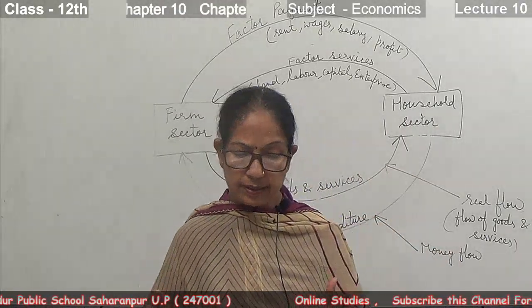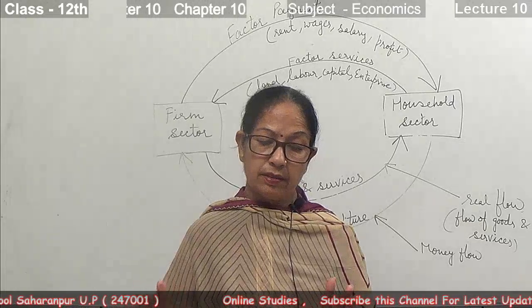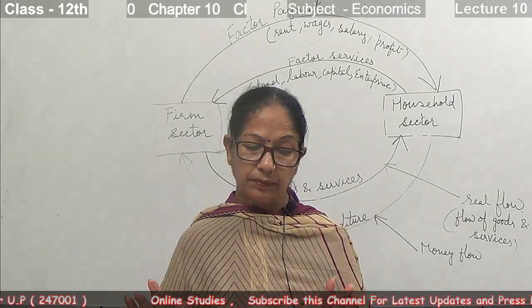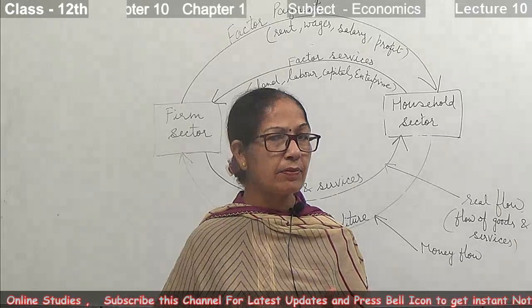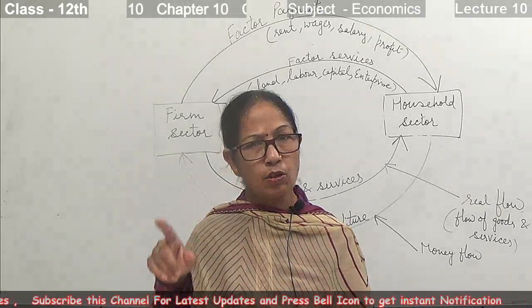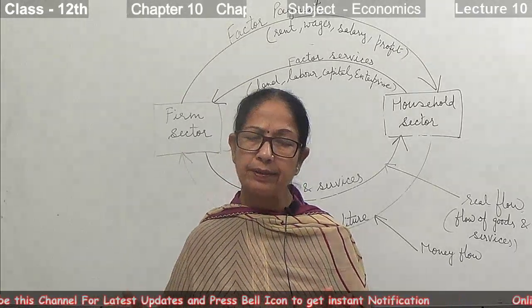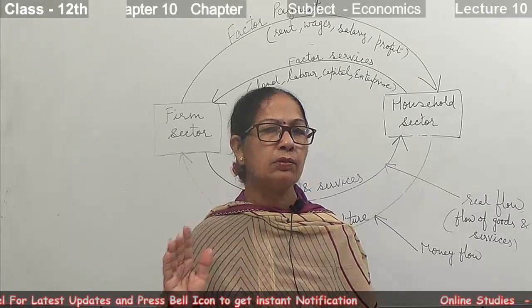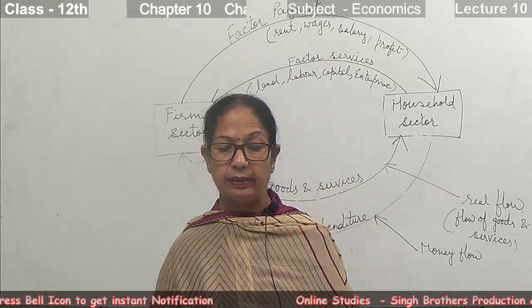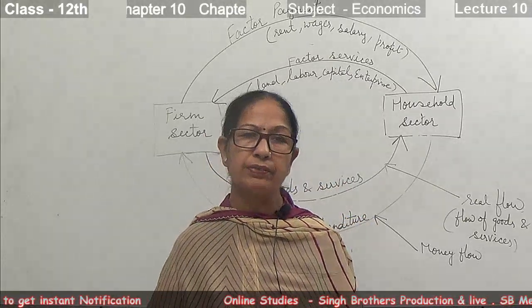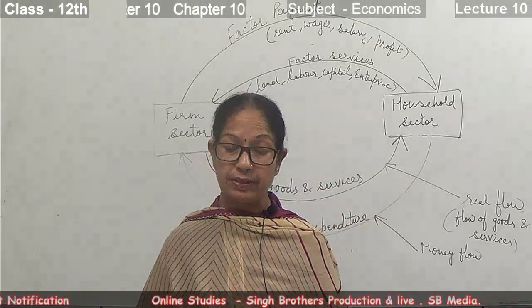So students, what is produced by the firm sector is consumed by the household sector, and the money goes back to the firm sector. So this circle always goes on like this. It is called circular flow of income and goods and services.